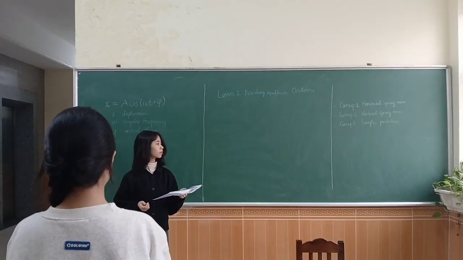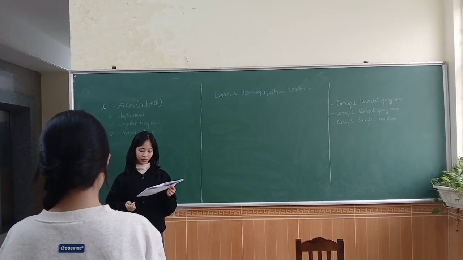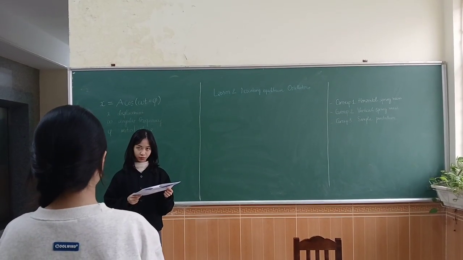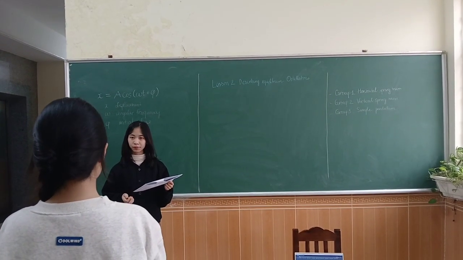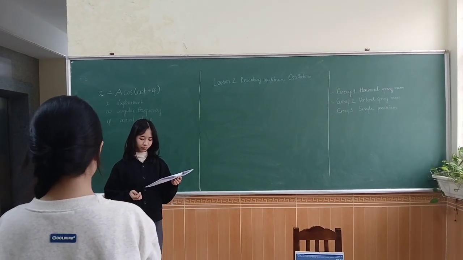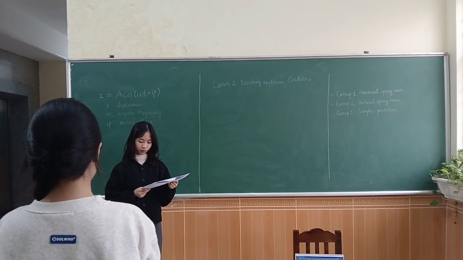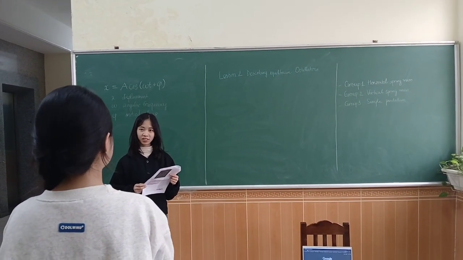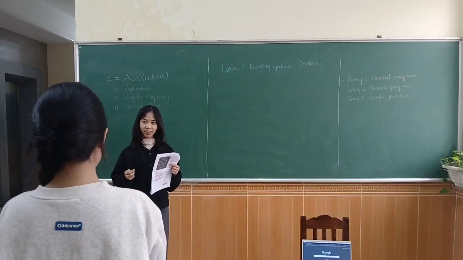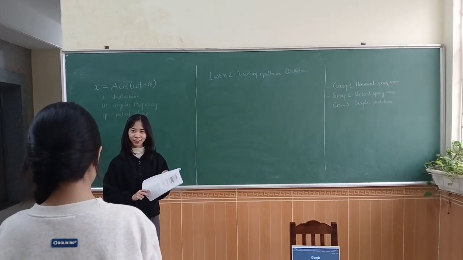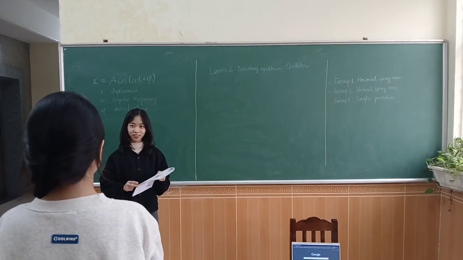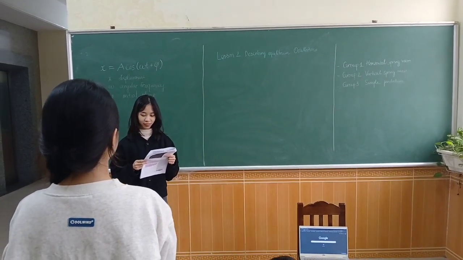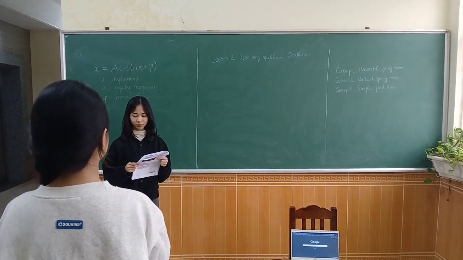Next, based on the sample graph, I determine the period of the spring pendulum to be 1 second. From there, I define the period as the shortest period of time for an object to perform one oscillation. It is denoted by T, and its unit is the second.